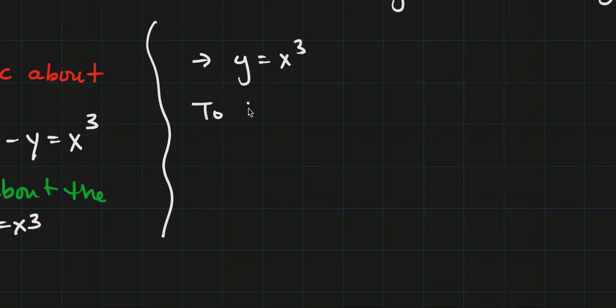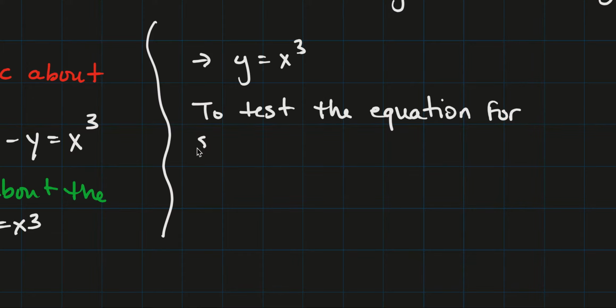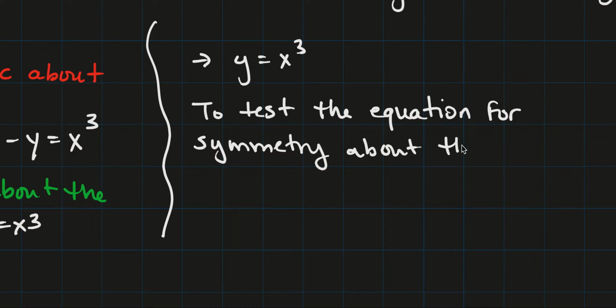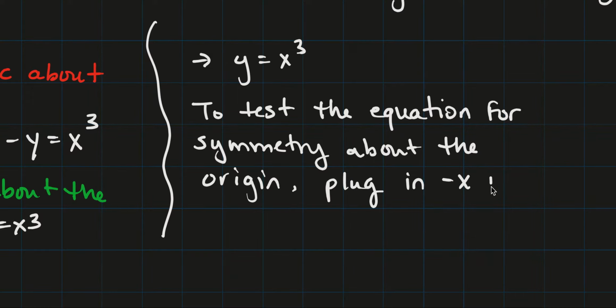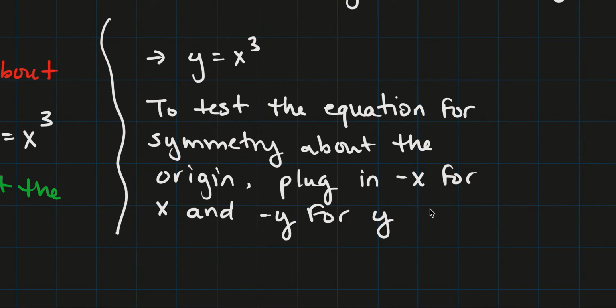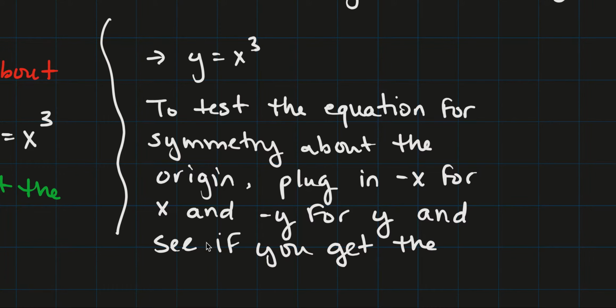So to test the equation for symmetry about the origin, plug in negative x for x and negative y for y, and see if you get the original equation.